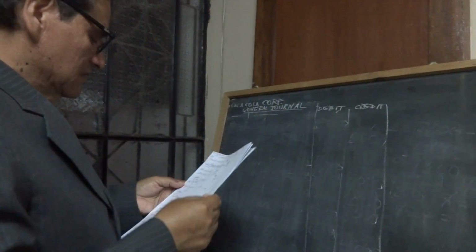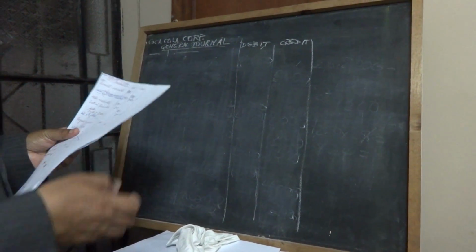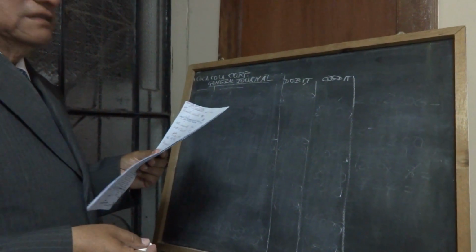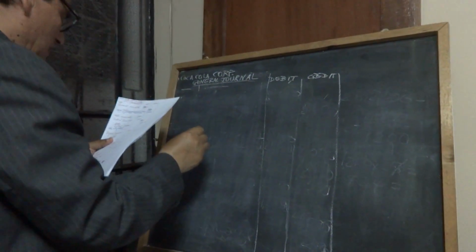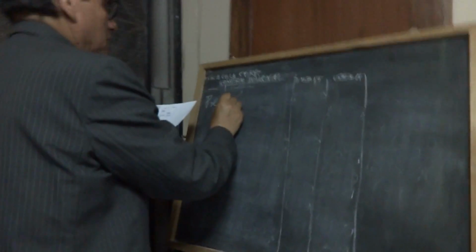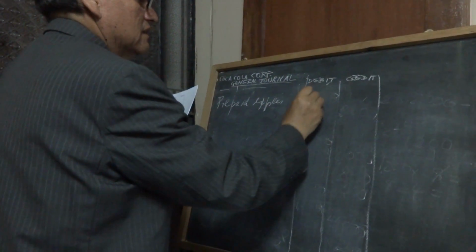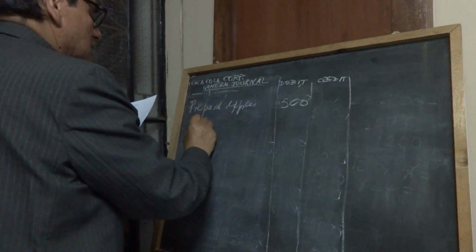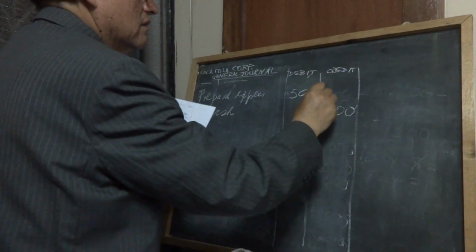Coca-Cola has had expenses for $500 for paying electricity for the company in advance. Prepaid expenses for $500 on debit, and cash for $500 on credit.